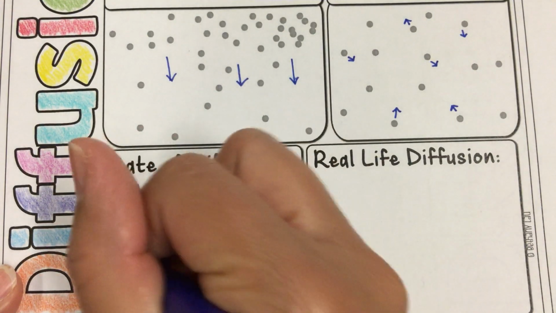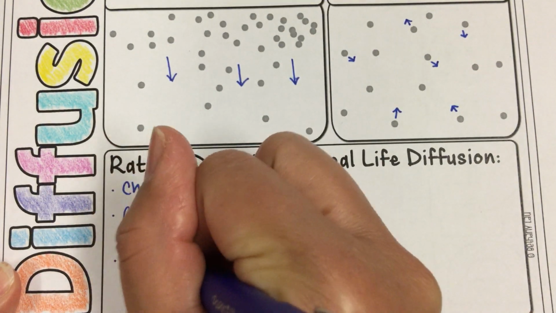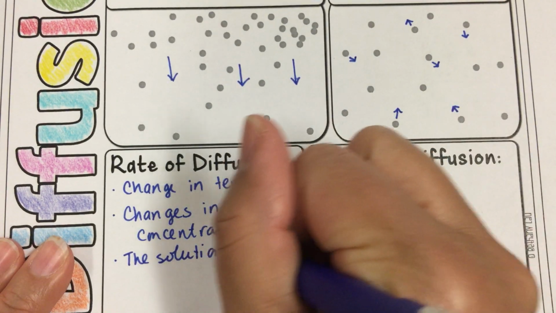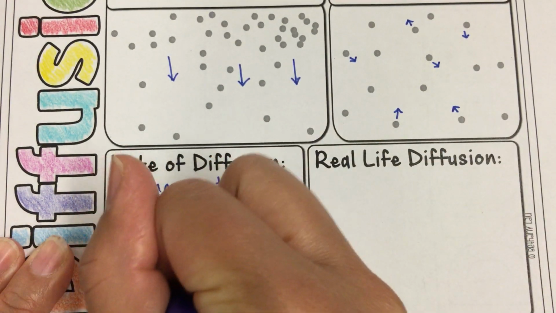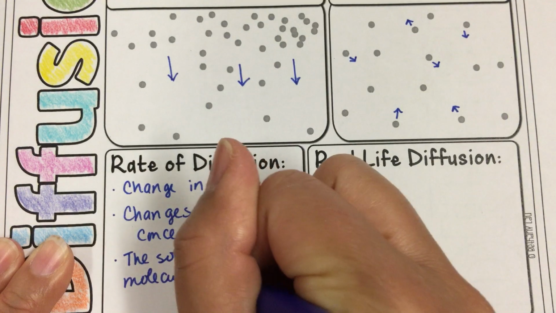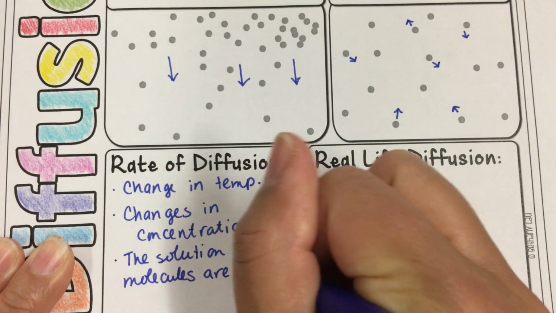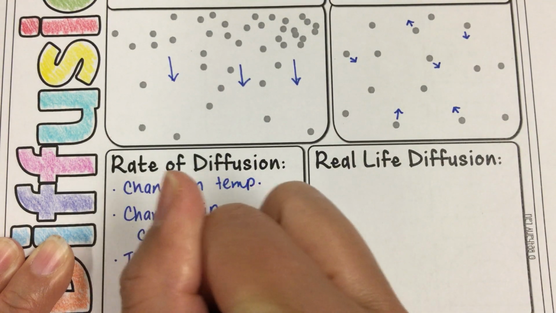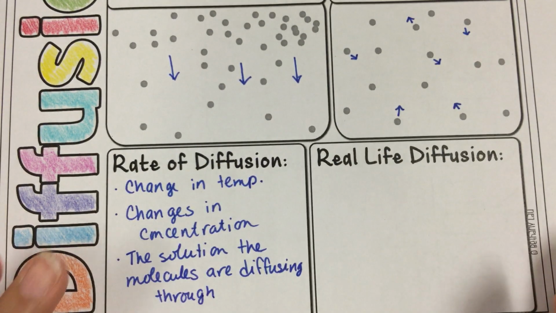Also, the solution the molecules are diffusing through. So things like water, okay, water is very liquidy.